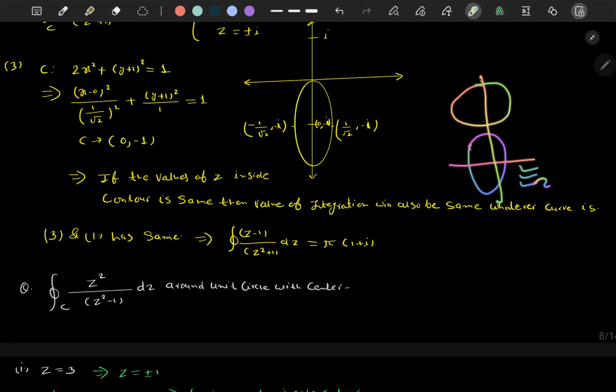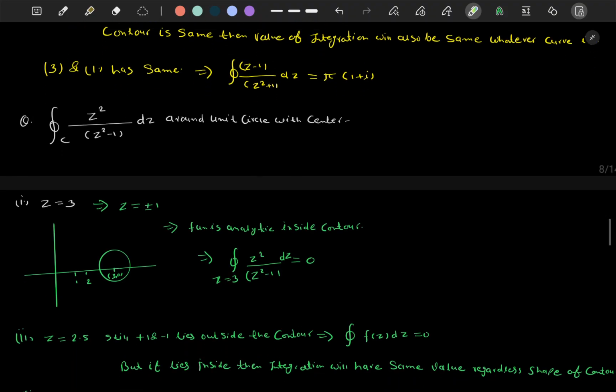If the same singular points are lying inside the curve, then no matter what the curve is, the integration will be the same. So the answer will be the same. But if the singular points are placed differently around that contour, then we have to calculate the value of integration again.